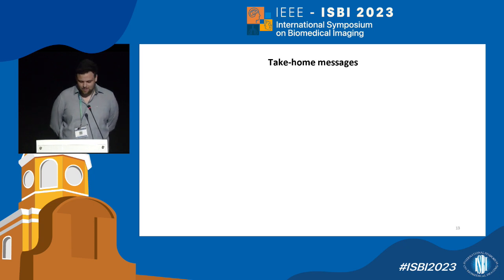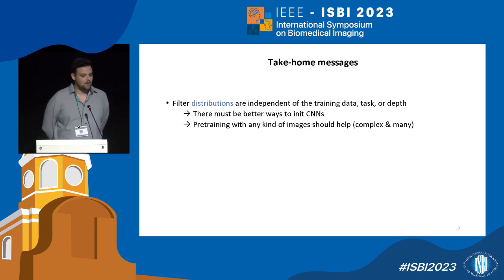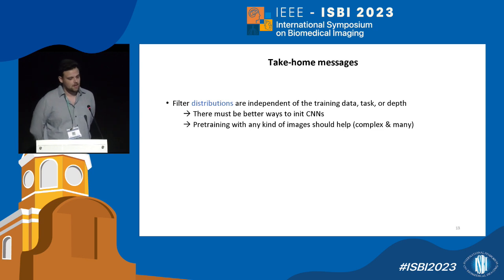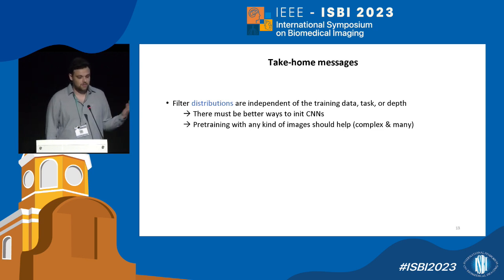And so to wrap this talk up, we have seen that filter distributions are very similar, independent of what you train on, which was a quite interesting observation for us, also independent of the task or the depth in the model. And this means that the way we currently initialize CNNs, which are completely independent of each other, is not optimal.